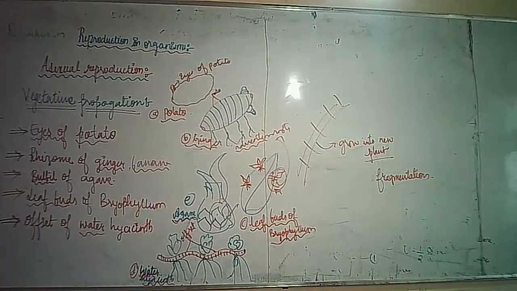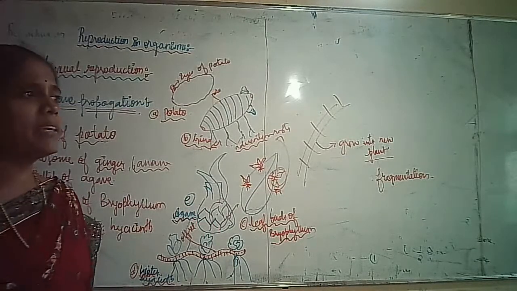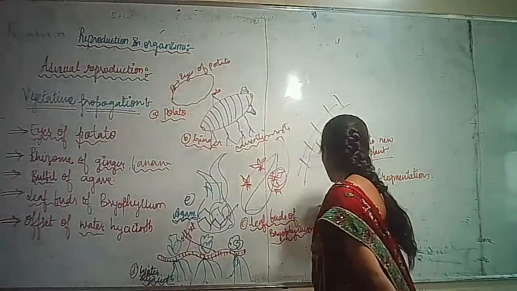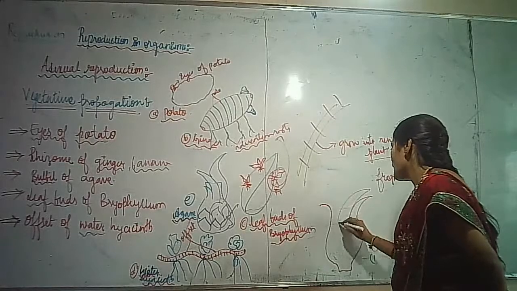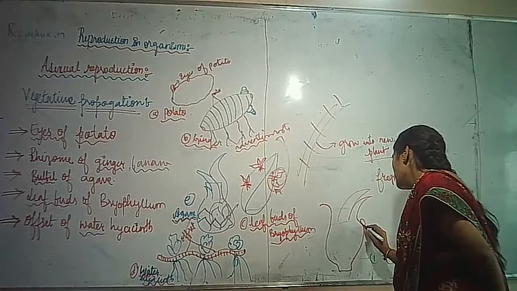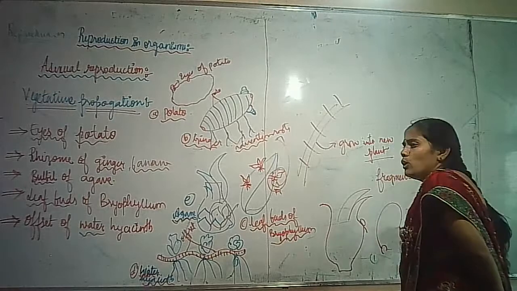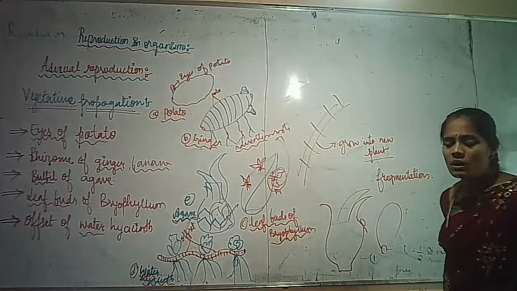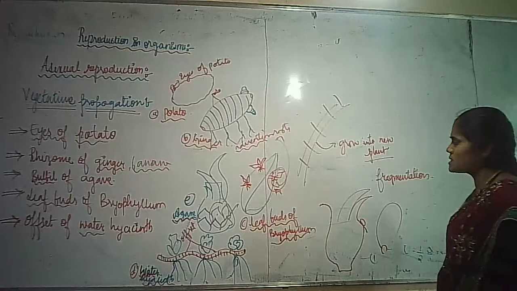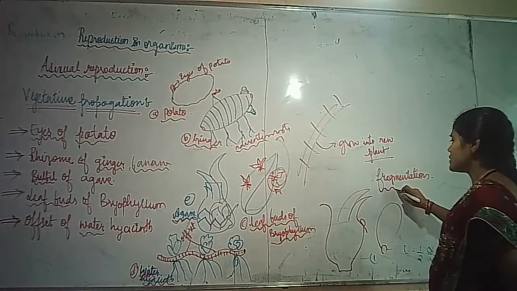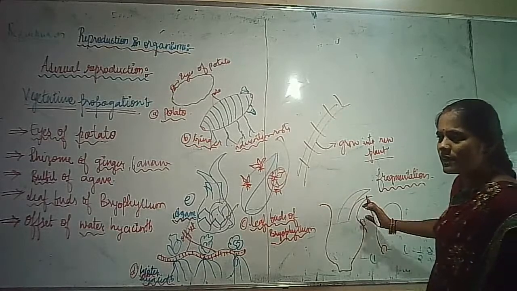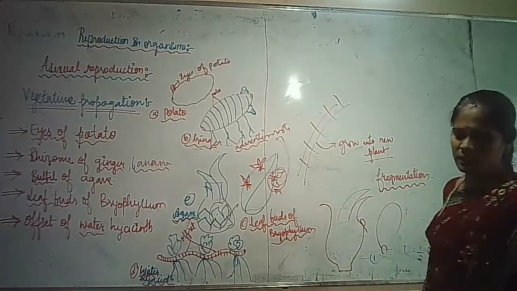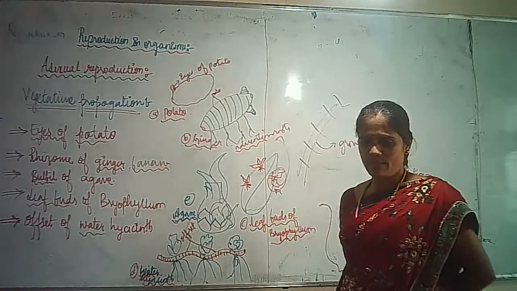My dear students, a good example of fragmentation is the hydra. Suppose this is a hydra. In the hydra, this part is broken down, and this part will start growing into a new hydra. What is the type of reproduction, my dear students? It is fragmentation, because the broken part of the hydra will grow into a new organism, that is, a new hydra.